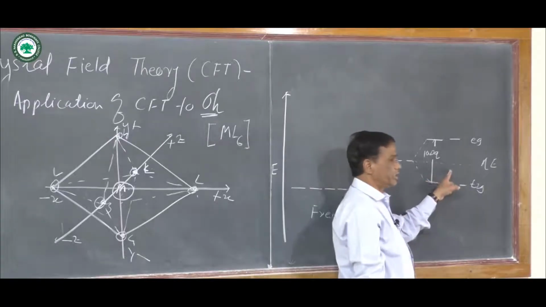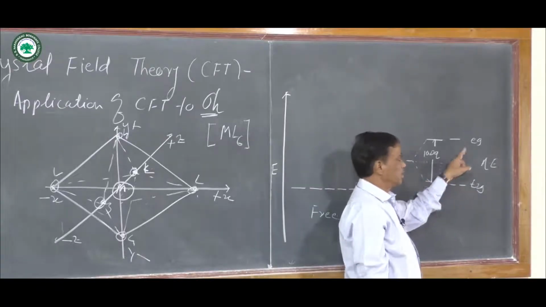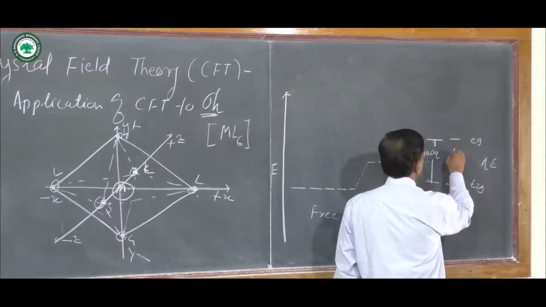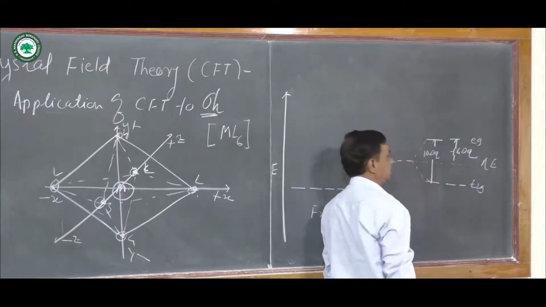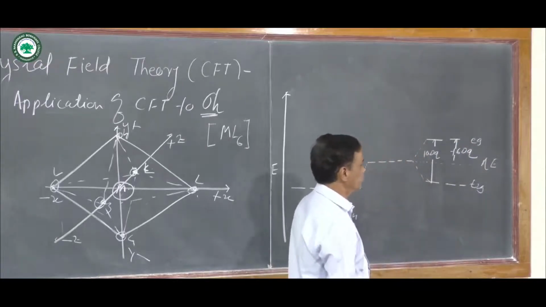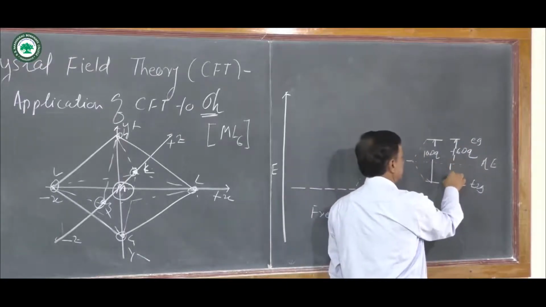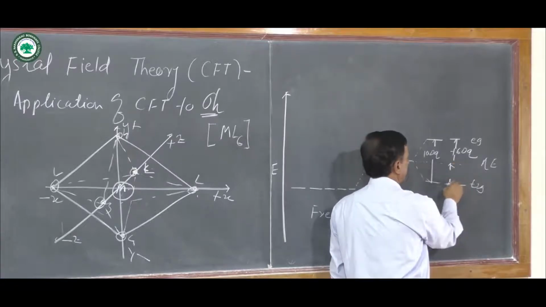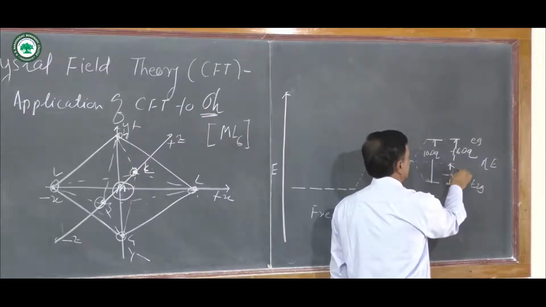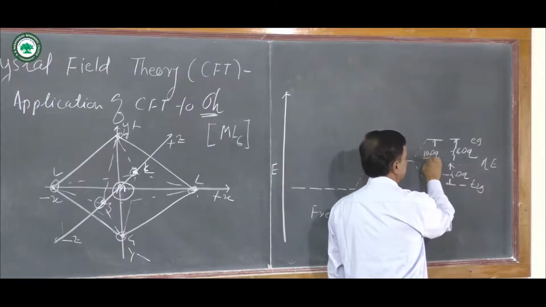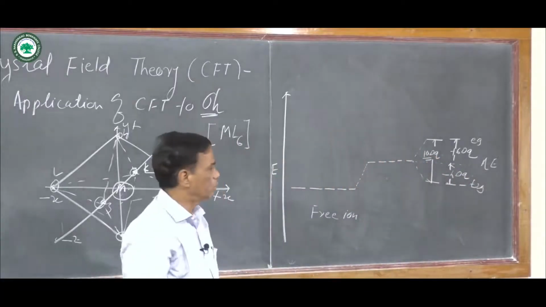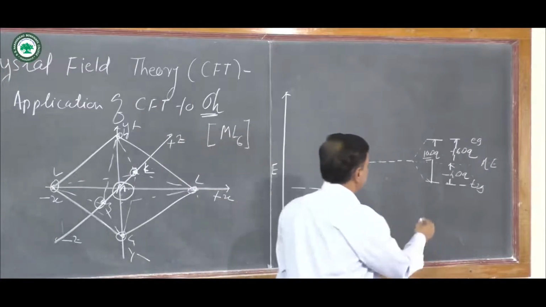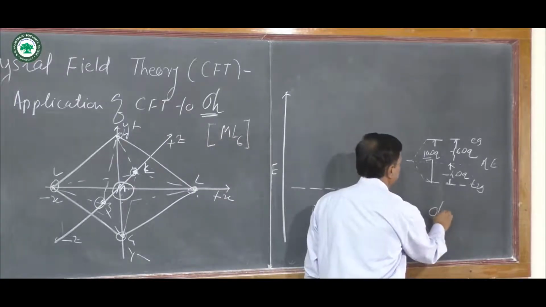From average energy to the Eg set, distance is represented as plus 6 Dq, and the distance between T2g and average energy is equal to minus 4 Dq, and total is equal to 10 Dq. This is called the octahedral arrangement.